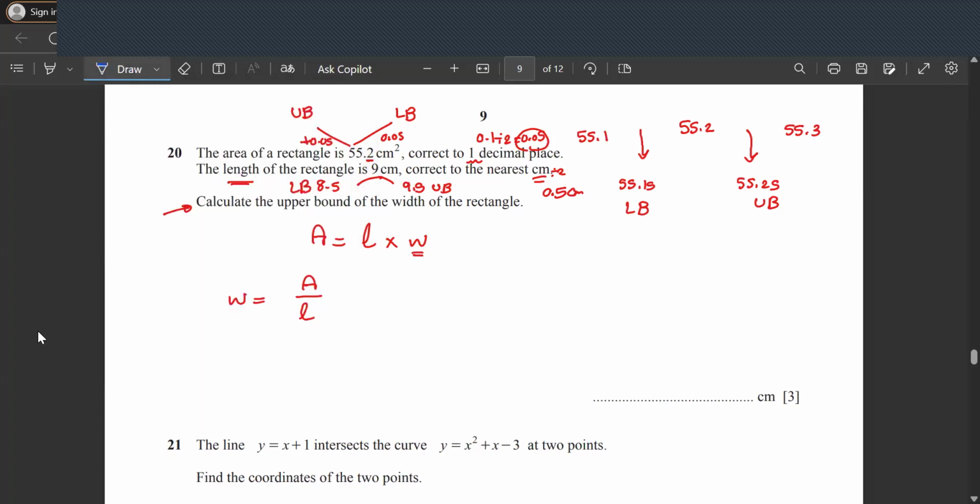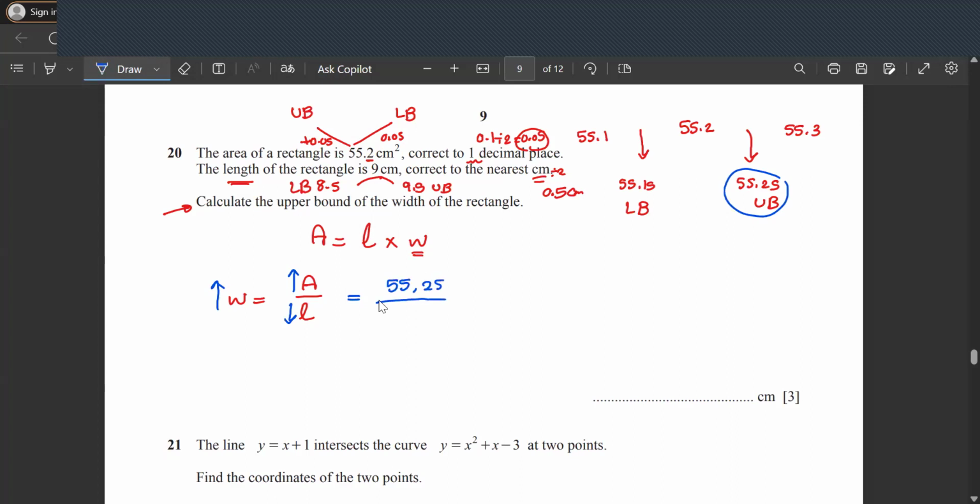Done for now? Okay, now he wants the upper bound of the width. Do you remember how to take the A and L? If it is division, take the upper bound of A and the lower bound of L. What is the upper bound of A? 55.25.